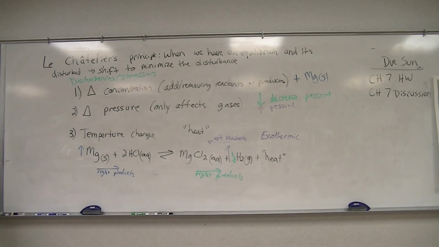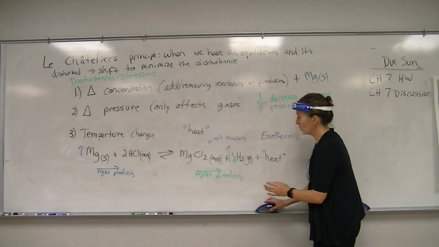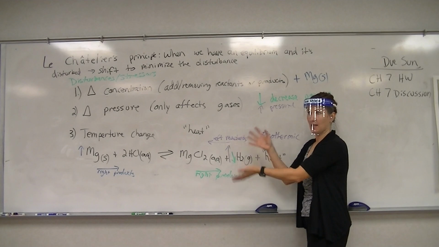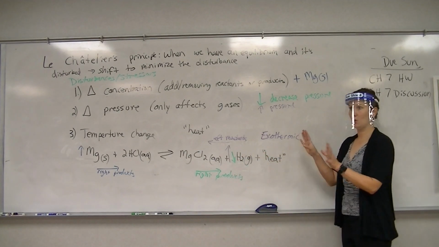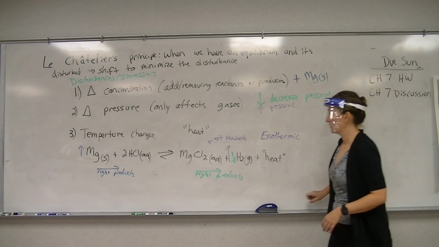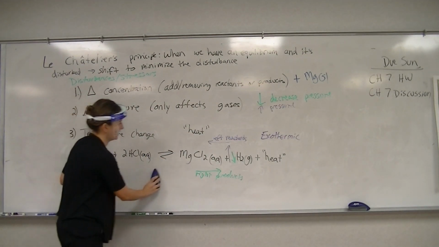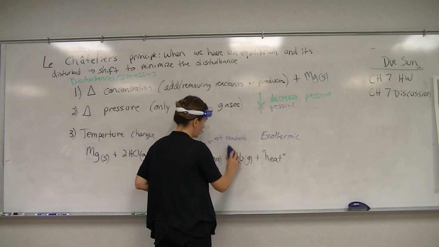Right, these are all different. So I would never do all of these at the same time. Okay, sorry, that's confusing. That's why I tried doing it in different colors. So you would never increase and decrease the pressure because these are all separate questions. These would each be a different question. So to make it less confusing, let me just erase them as we go so we only see one at a time.